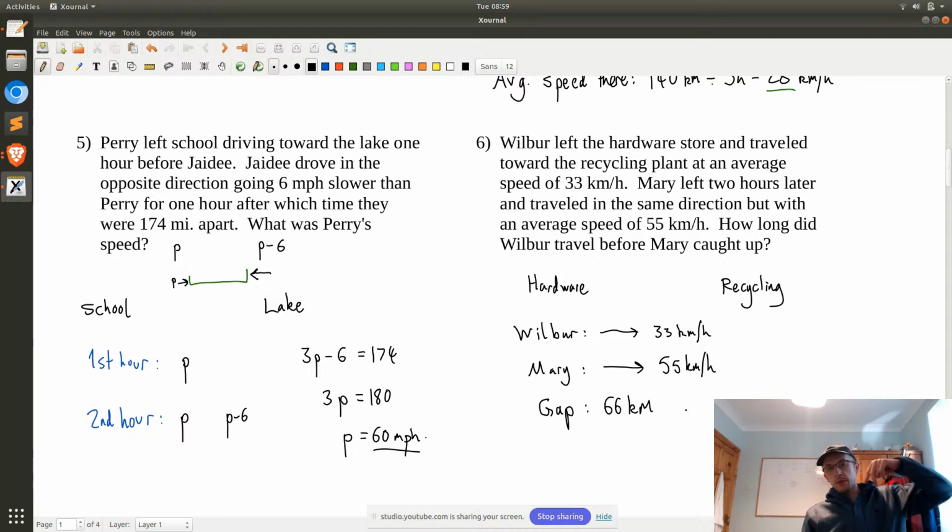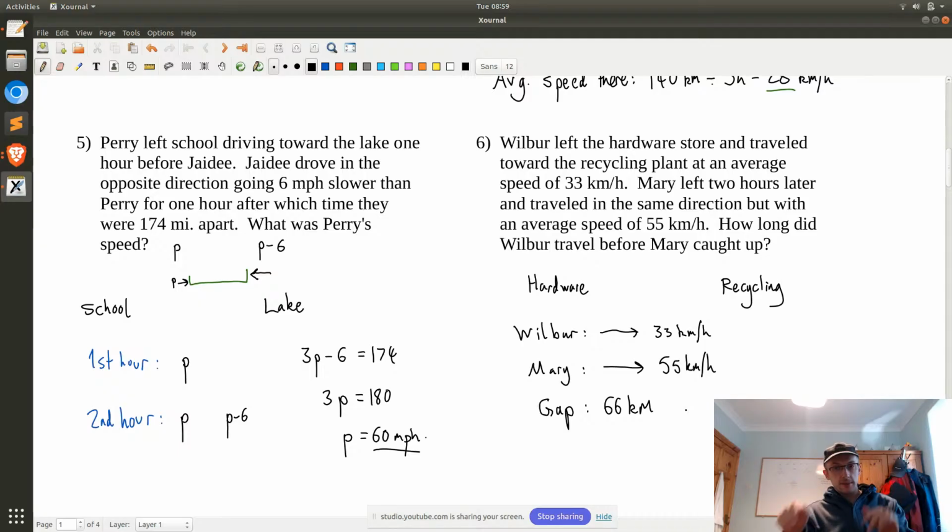And Wilbur's going at 33 and Mary is zooming up behind him at 55. So it's as if Wilbur is standing still and Mary is just coming up behind him at 22 kilometers per hour.